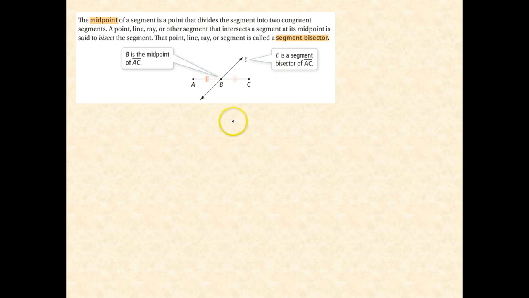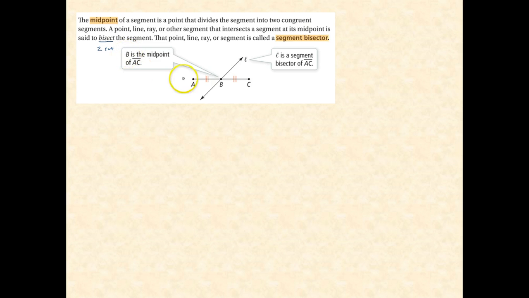What's a midpoint of a segment? Well, the midpoint is the point that divides a segment into two congruent segments. That's the definition of a midpoint. A point, a line, a ray, or some other segment that intersects a segment at its midpoint is said to bisect the segment. Bisect means cutting it into two equal parts. Bi means two, sect means cut.